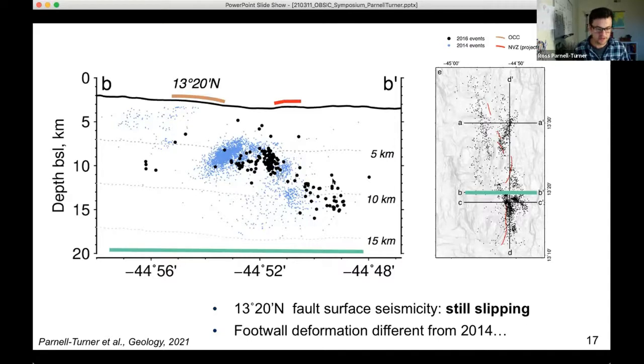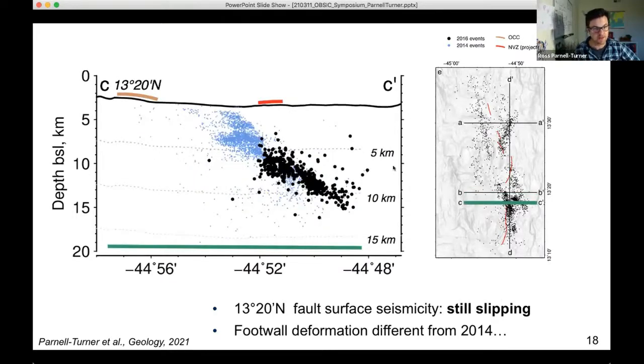We also see some additional seismicity over here in the east. And the main thing we don't see is evidence for this very intense band of compressional seismicity over here in the west in the footwall. So over this 2-year time period, we see a considerable change in the way that the footwall might be bending or compressing like we saw before.